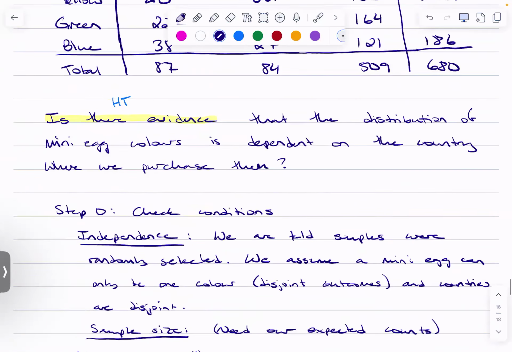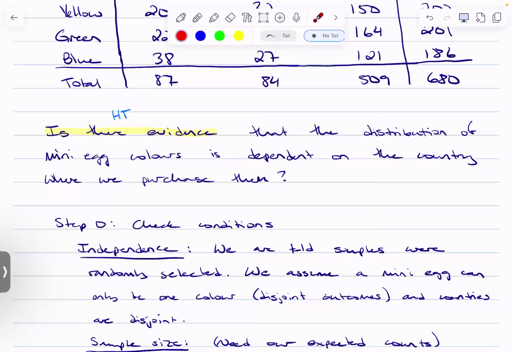Or if you prefer, although, is there evidence that the distribution of mini egg colors is dependent on the country where we purchase them? You could rephrase this as they are not dependent, right? They're independent. So then you could say the null hypothesis is that the distribution of mini egg colors is independent of the country where we purchase them, which is basically what I said, kind of in shorthand.